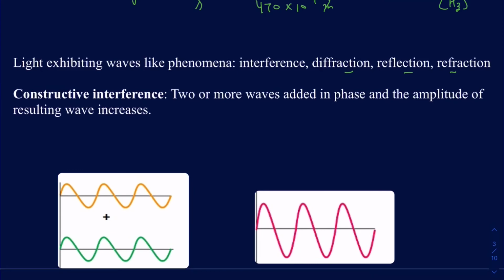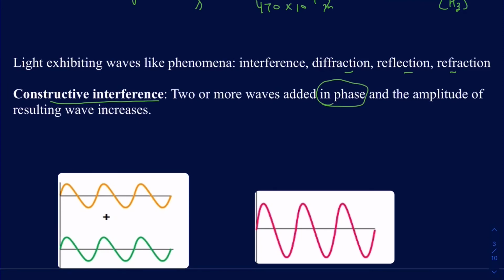One way of adding two waves together is called constructive interference, where you're trying to amplify things. For example, if you have one speaker that doesn't really give you much sound, then you put another speaker in phase, and that amplifies the sound. So in that case, two or more waves are added in phase. What does in phase really mean?